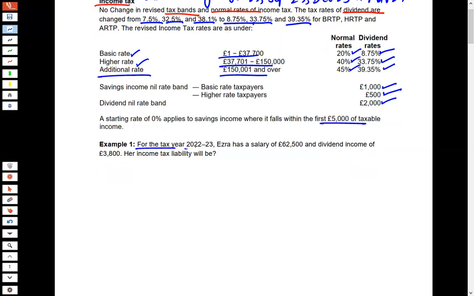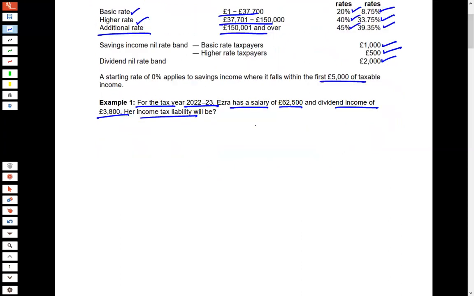For the tax year 22-23, Ezra has a salary of 62,500 and dividend income of 3,800. Her income tax liability will be. So I'm going to prepare the pro forma to calculate income tax: other income, or you can call it non-savings income, and dividend income. I'm not going to prepare the column of savings income since there is no savings income in this example. And then total income.